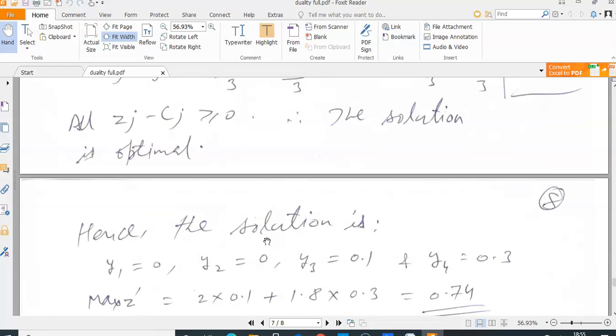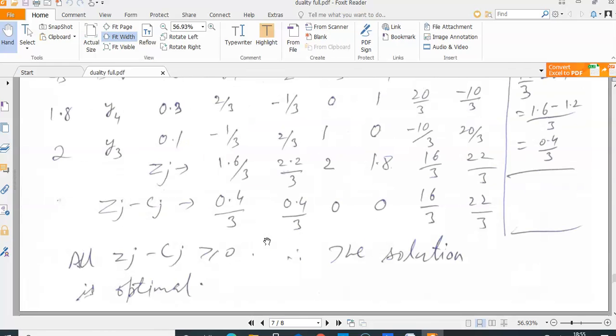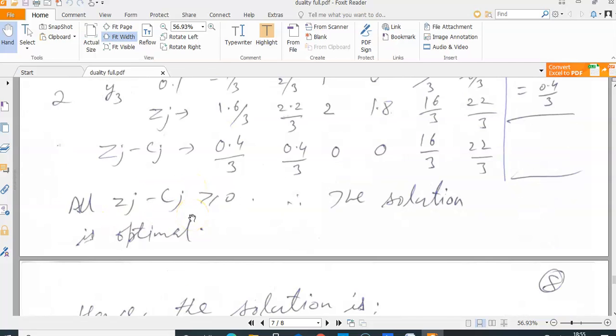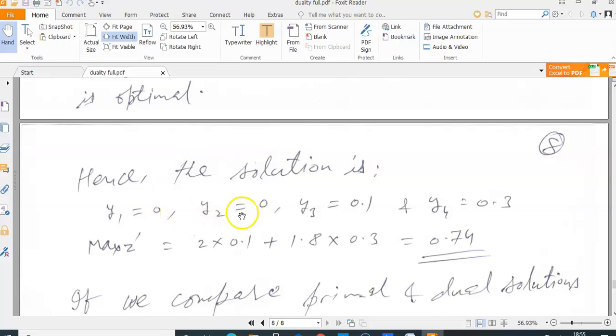Now, how to read the solution? The solution of the dual is y4 equal to 0.3 and y3 equal to 0.1, whereas y1 and y2 are 0 because these are not in the basis. So the maximum z dash is equal to 0.74. This is the dual's solution.